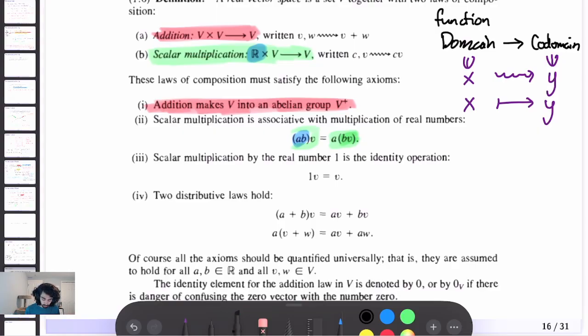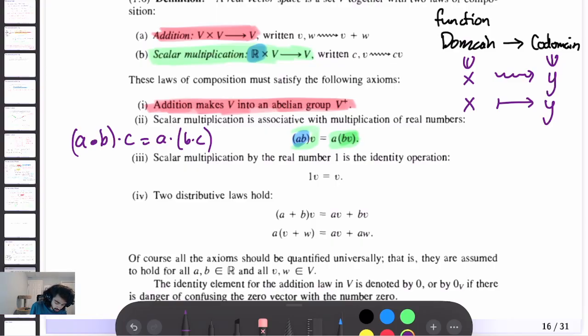In the group setting, we had that (a times b) times c is equal to a times (b times c). And you notice that's exactly how the parentheses fall here. It's just a little bit more complicated because before there was only one operation.